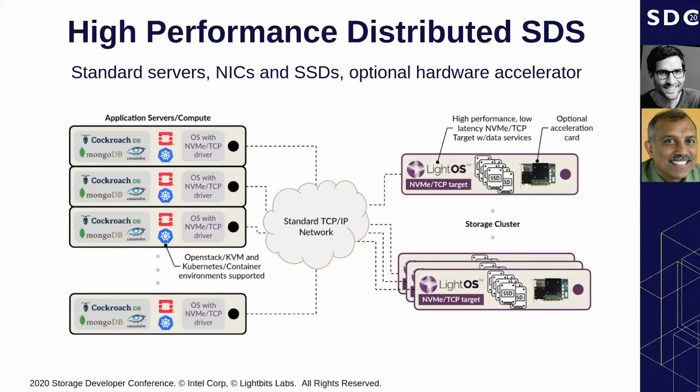We mount our software on top, and we cluster these servers together. We have an NVMe over TCP storage cluster that provides capacity through NVMe over TCP. And we have an optional acceleration card, which is a PCI add-in device that offloads some of our data services. Both are supported, with and without acceleration.